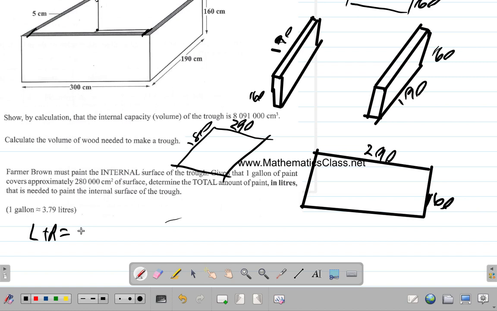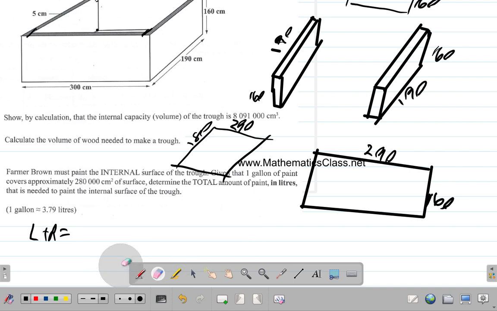So in that case, the left plus the right would be 160 times 190 plus 160 times 190, by the thickness of 5 for the volume of wood.